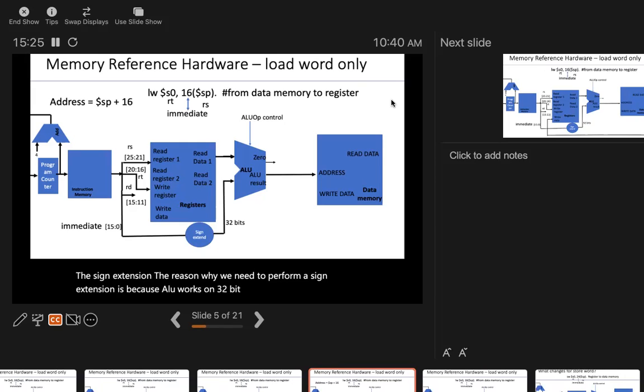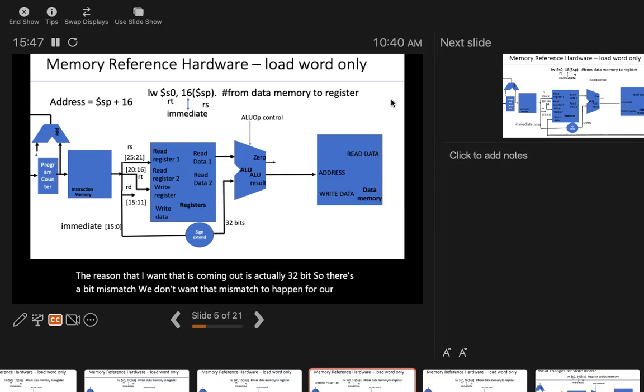So let me repeat this one more time. The reason why we need a sign extender or a sign extension here is because the ALU works on 32-bit values. Our immediate value is 16-bit. The read data 1 that is coming out is actually 32-bit. So there's a bit mismatch. We don't want that mismatch to happen for our ALU.